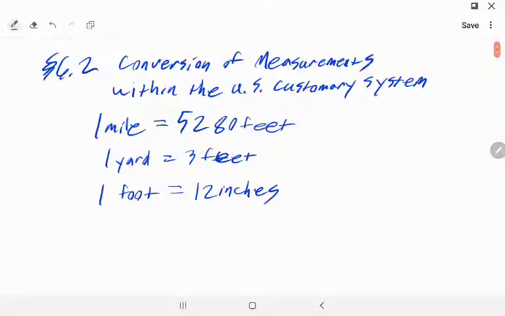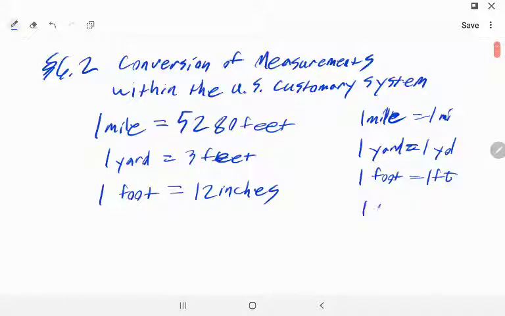And so these all have abbreviations. We notice 1 mile we can abbreviate as 1 mi, 1 yard can be abbreviated as 1 yd. 1 foot you'll see more often as 1 ft. 1 inch can be abbreviated as 1 in.